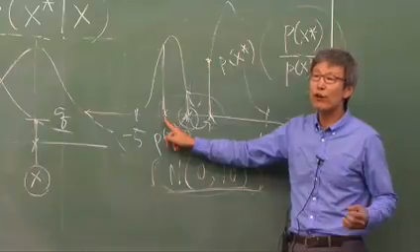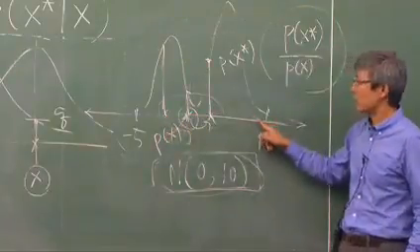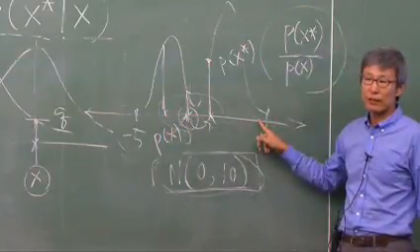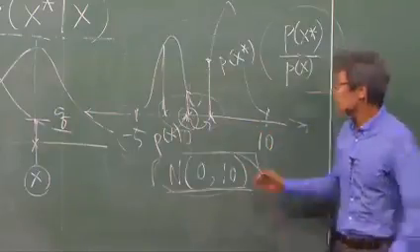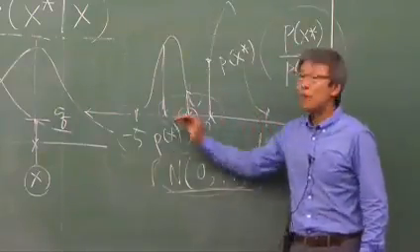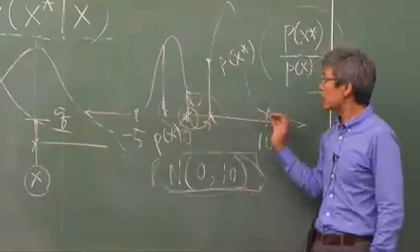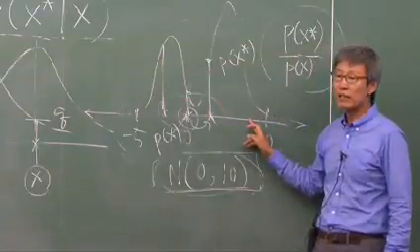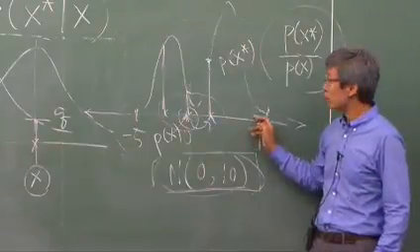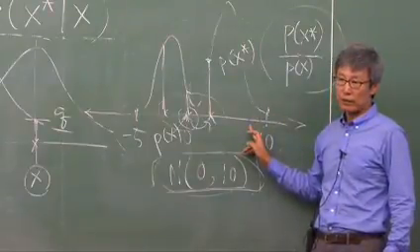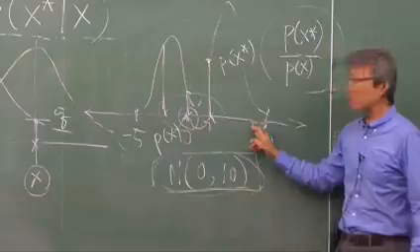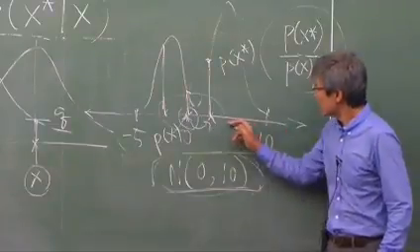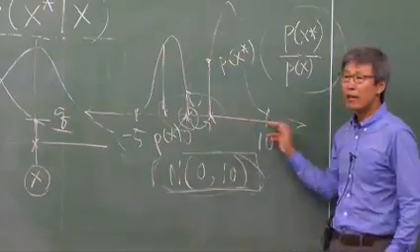We have a very rare chance to get a point far from here. But nevertheless, sometime in the future, we get these points because there is still a chance, although very small, to get this point. Once we get that point, we stay for a while at that region.